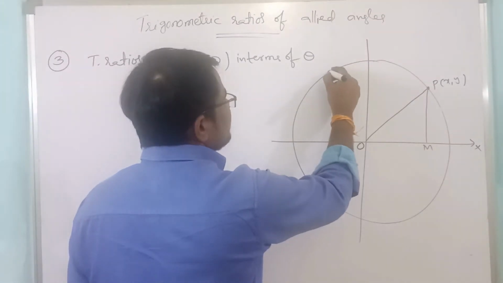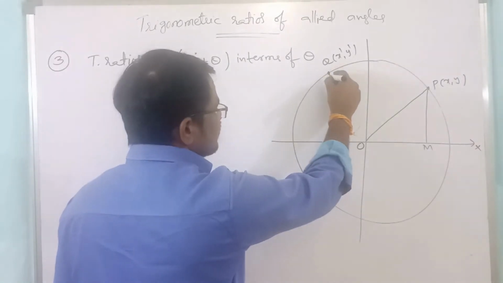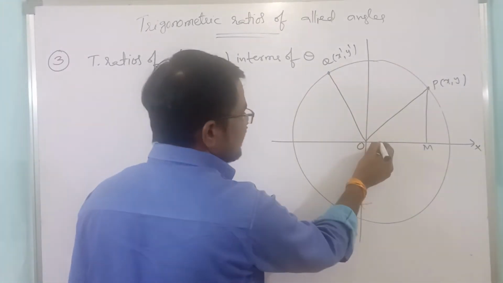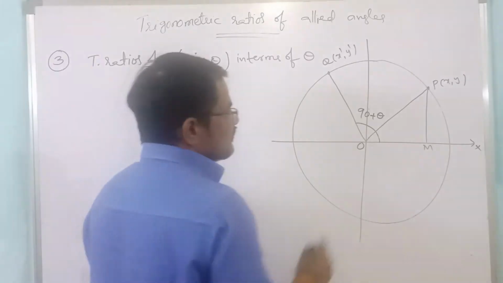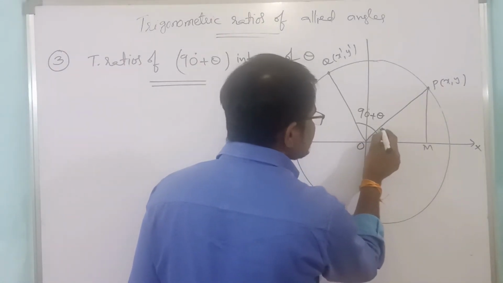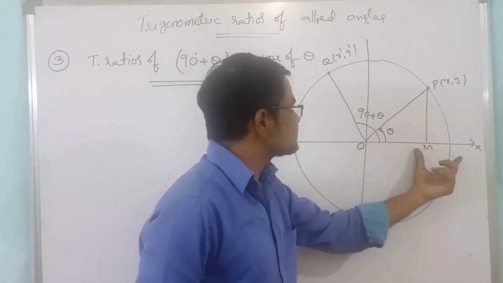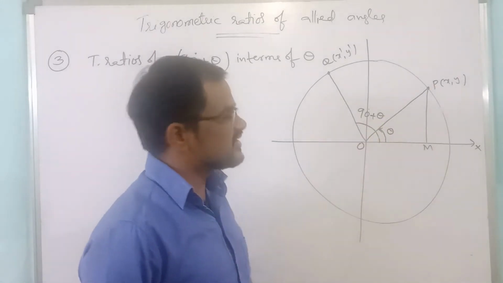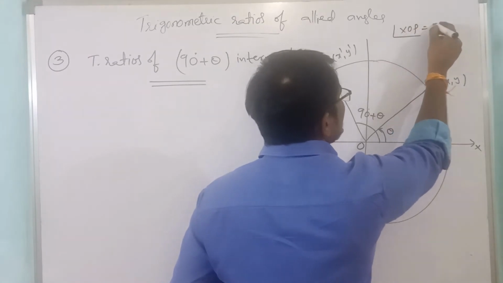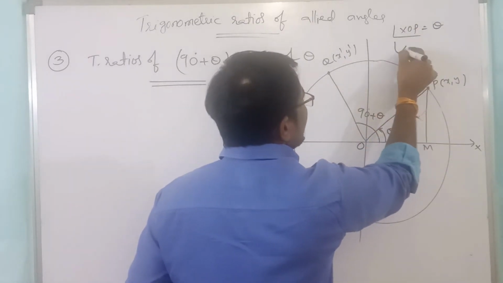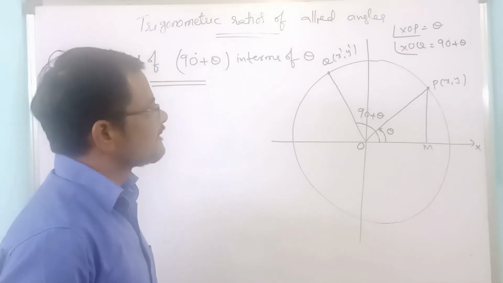Let a point Q (x dash, y dash) on the circle make angle 90 plus theta with the x-axis. OP makes some angle theta with the x-axis and OQ makes 90 plus theta. Means angle XOP equals theta, and angle XOQ equals 90 plus theta.